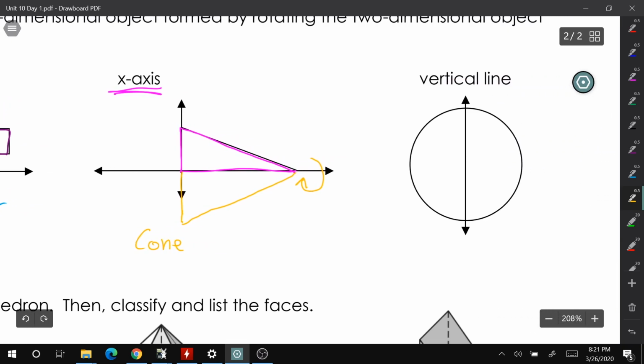And then the last one, we have this circle, and you're rotating the circle over this line that's already inside the circle. So if you think that this is spinning around, you're going to get a sphere.